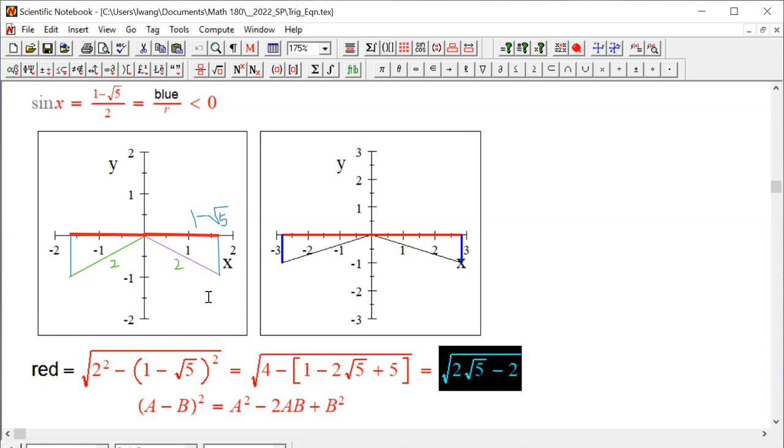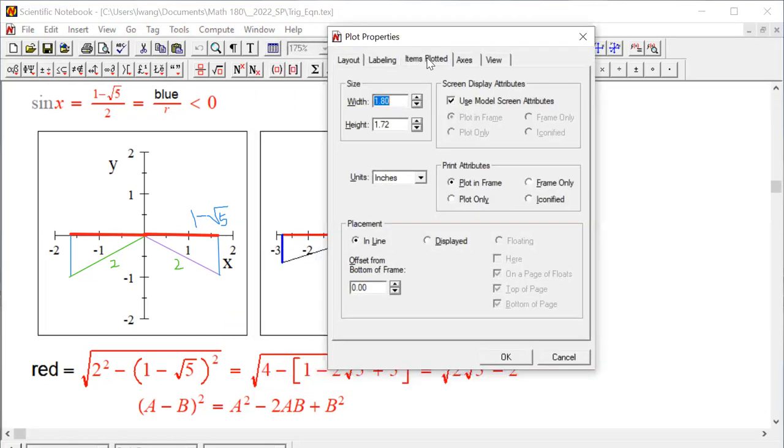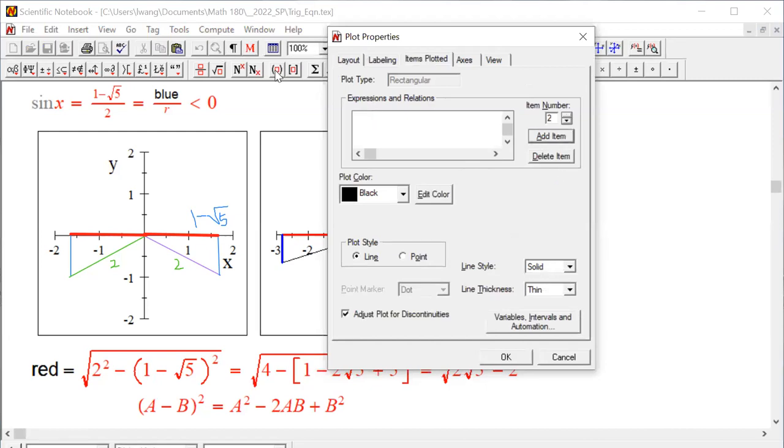So let me draw the picture for you. I'm gonna draw the blue and red for you. Okay, the red, right?